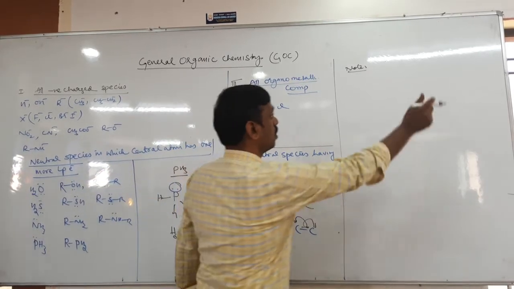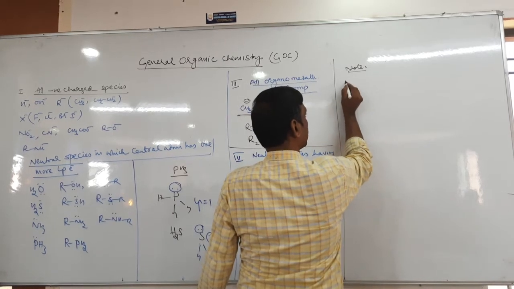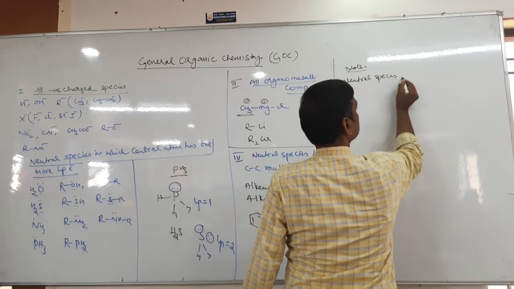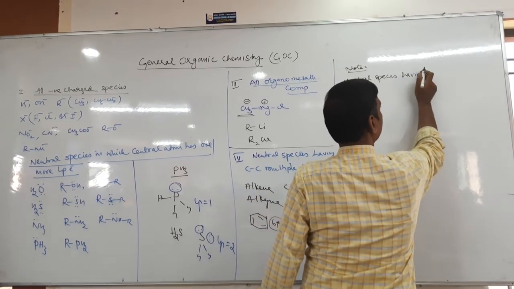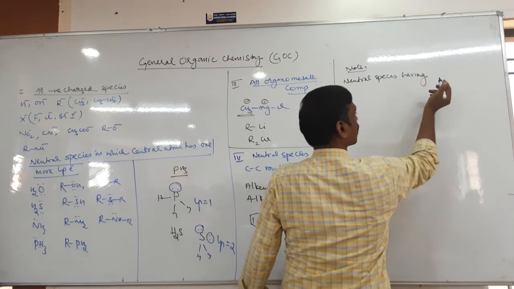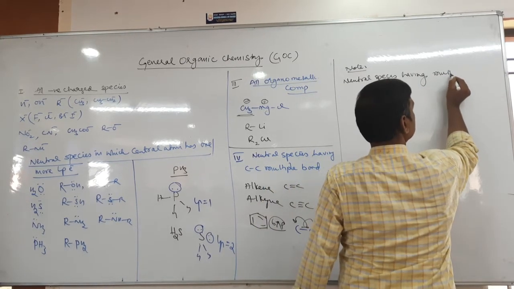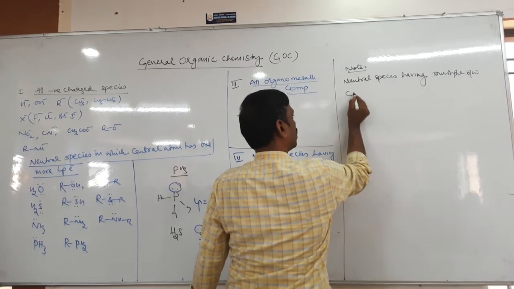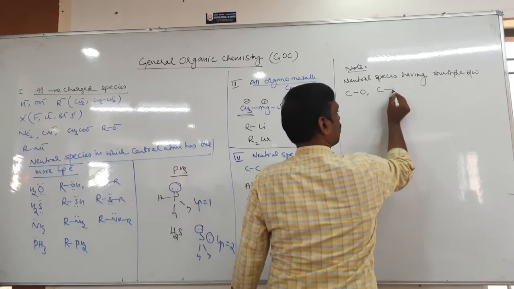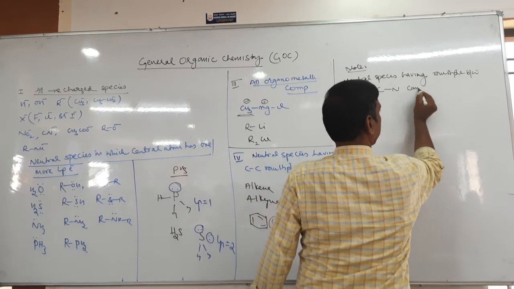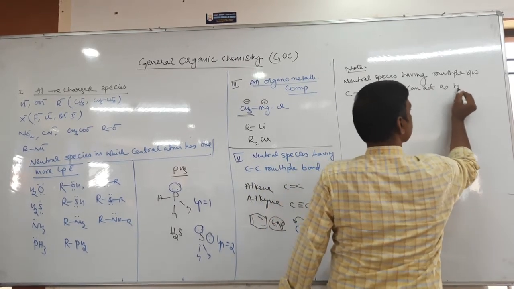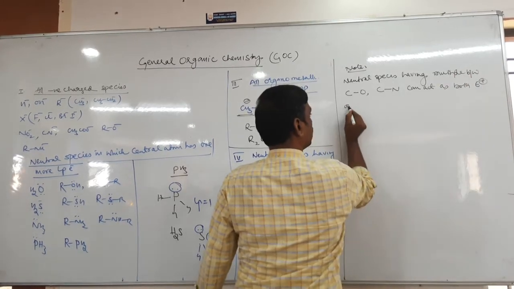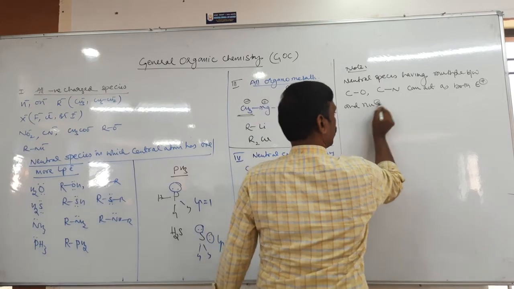So, important note: neutral species having multiple bonds between carbon and oxygen, or carbon and nitrogen, can act as both electrophile and nucleophile.